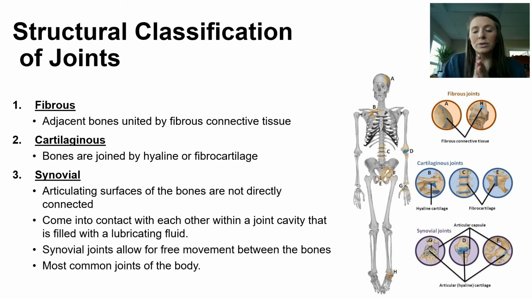And usually the 2 places that are meeting up have some sort of articular cartilage that is covering those ends of the bones. And because of this, it allows for free movement between bones, and these are the most common joints in the body. So we're going to talk a little bit more about synovial joints as we move on in this PowerPoint presentation.